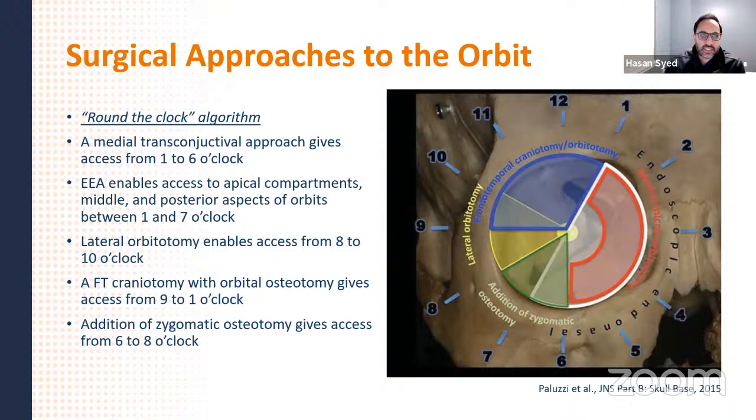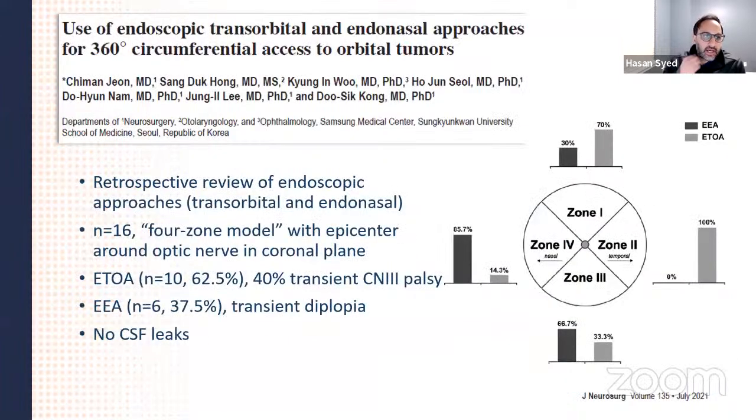And I just wanted to end on this article that was published last year in the Journal of Neurosurgery, putting things together and looking at the use of endoscopic transorbital and endonasal approaches to approach orbital tumors in a 360-degree manner.